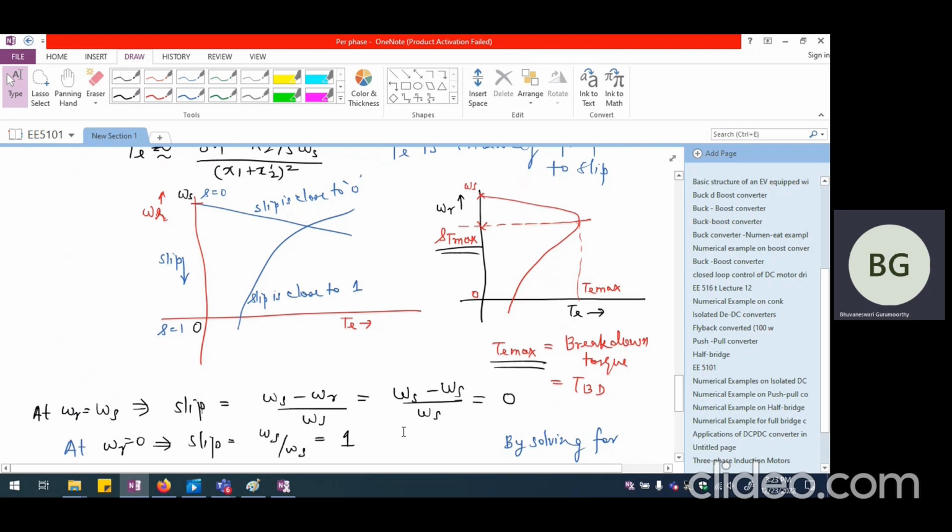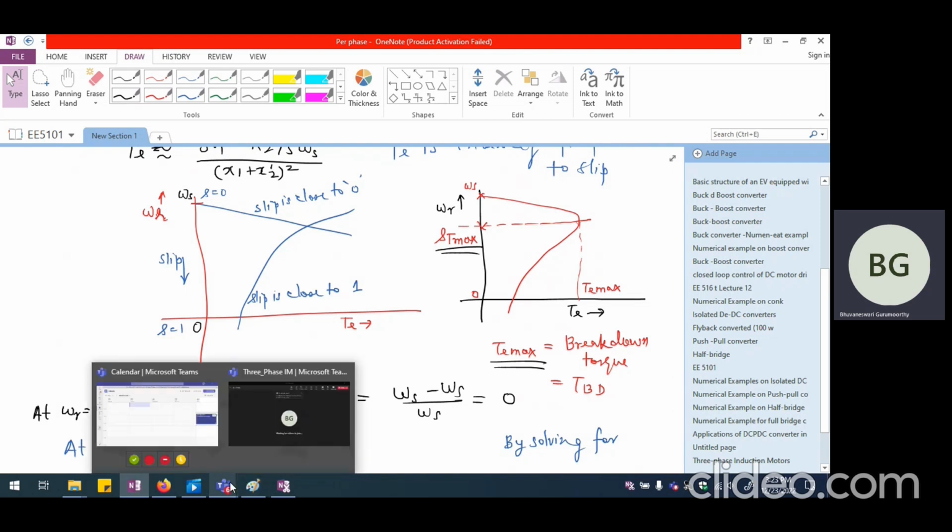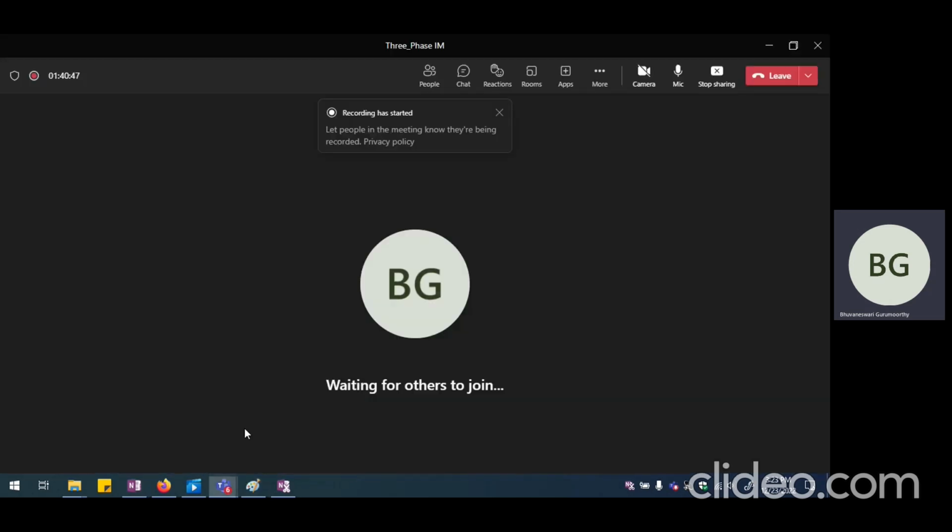We cannot say even now that the induction motor is completely phased out of electric vehicles. So all the more reason we should not ignore the induction motor. We should definitely try to understand its working.